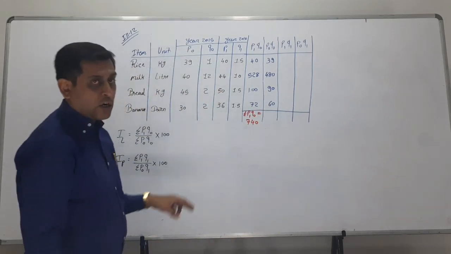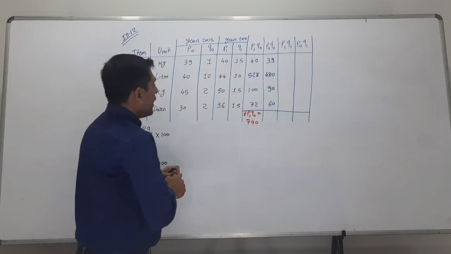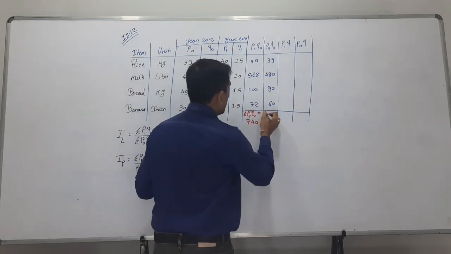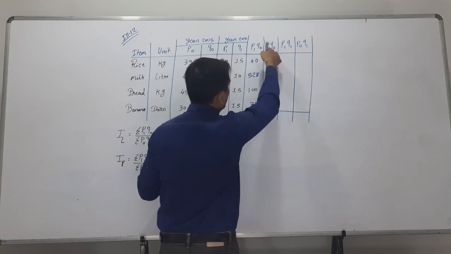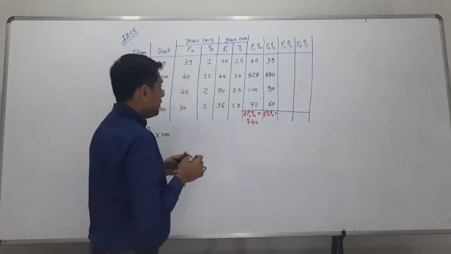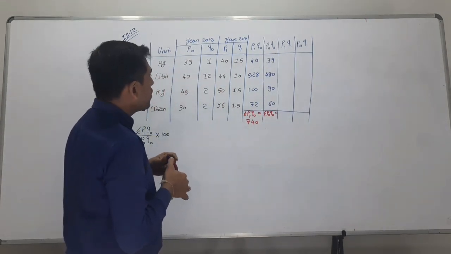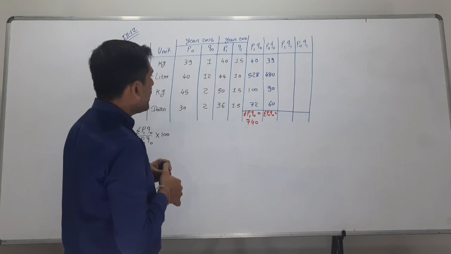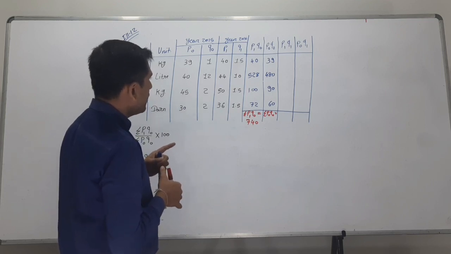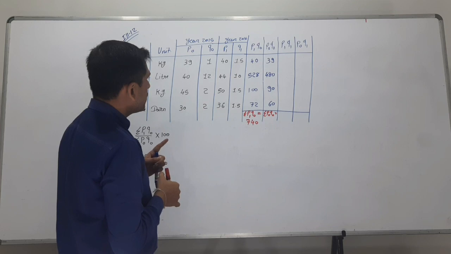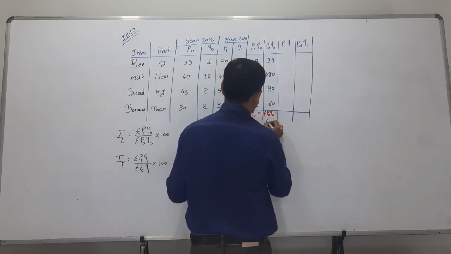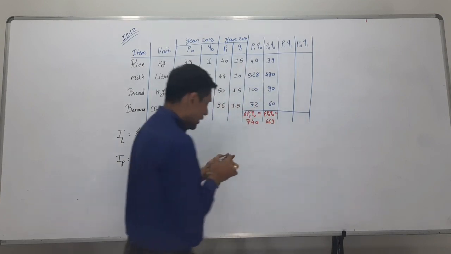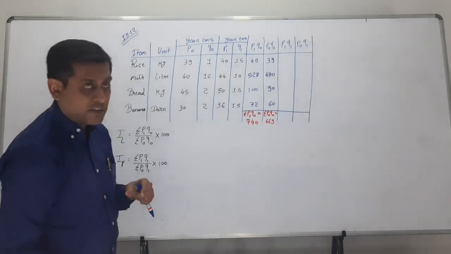So you have to make the total: sigma P0 Q0, the multiplication of P0 and Q0, is 669. The total is 669.